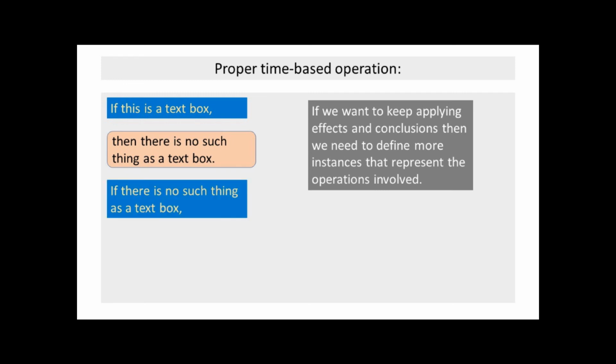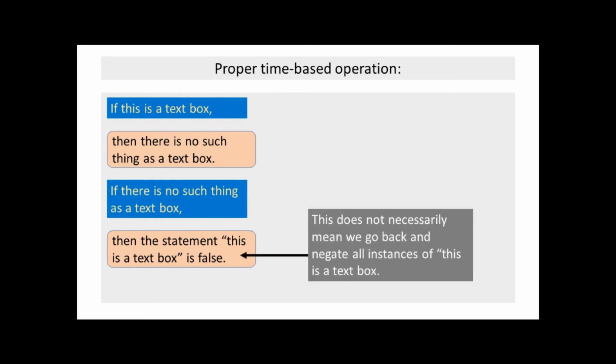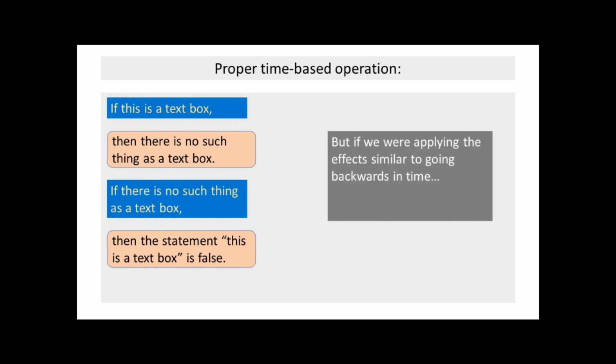If there is no such thing as a text box, then the statement "this is a text box" is false. This does not necessarily mean we go back and negate all instances of "this is a text box." But if we were applying the effects similar to going backwards in time, it might look like this.